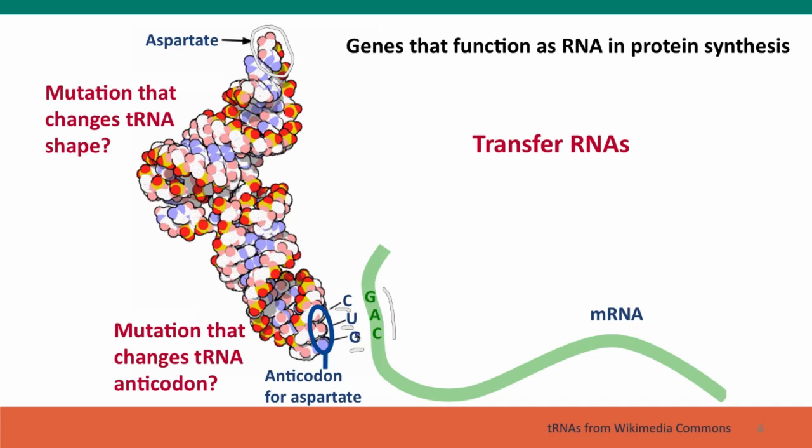For example, a mutation that changed that G into a U, a mutation in the DNA that changed that G into a T, would result in an aspartate transfer RNA charged with the amino acid aspartate, but with a codon that does not recognize the aspartate codon in messenger RNA. Instead, it would bind at a different codon and insert aspartate at a place where there should be a different amino acid.